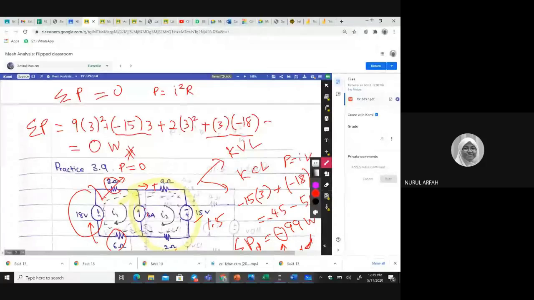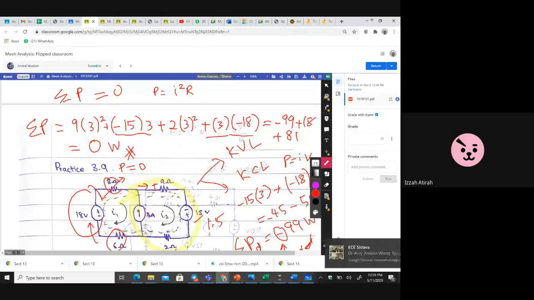Plus this is 2 into 9, so you have 18. Plus 81. So you will have 0 watt. Right? So this is to prove that all power should balance in one circuit.